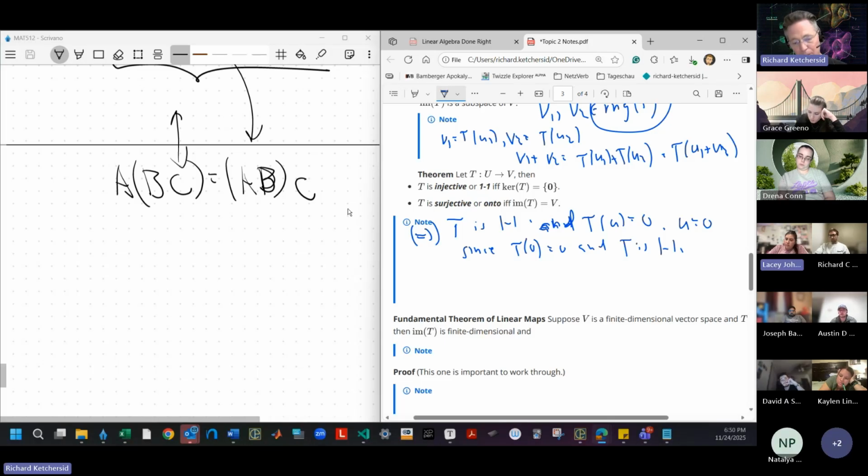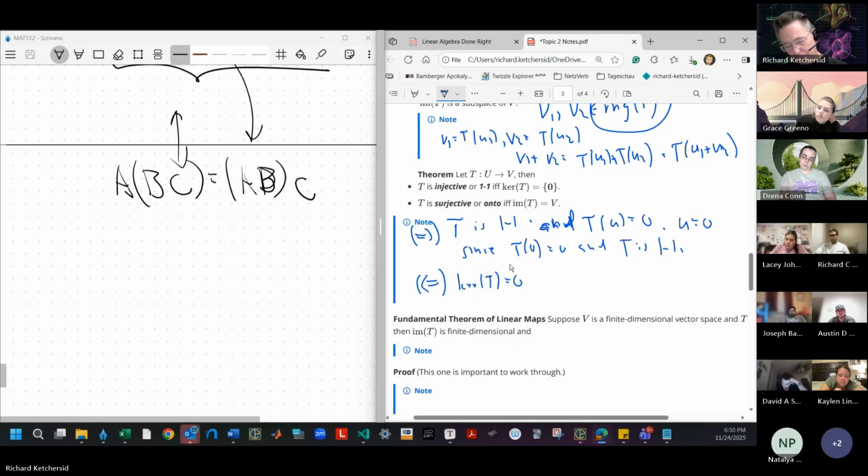So in the other direction, I'm assuming that the kernel is trivial, not 0, but the singleton 0. How do I show T is 1-to-1? We want to show T is 1-to-1.